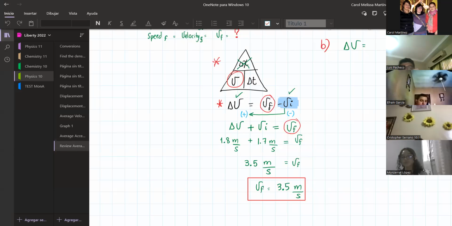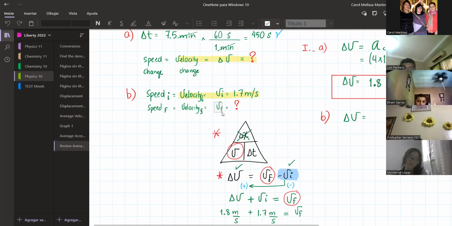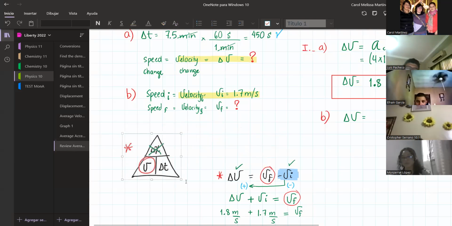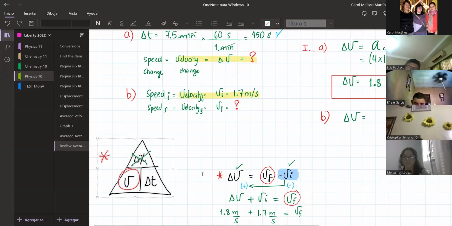So if you cannot use a formula, because for example, here you wanted to look for VF and you didn't have the proper formula for it, imagine that you go and look for this triangle. It might be useful sometimes, but this time it wasn't, because the displacement was not given in the problem.